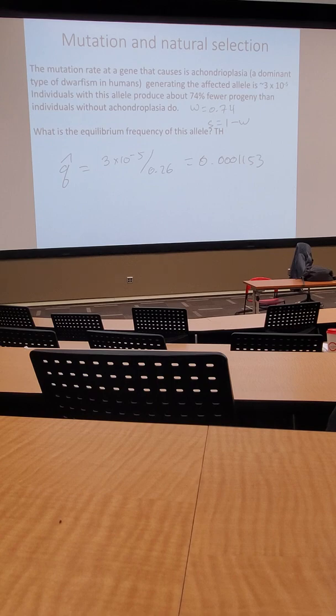Not precisely, but that's because it's dominant. If it was recessive, the frequencies would be a lot lower. We take the square root of this. But because it's dominant, we just treat it like this.